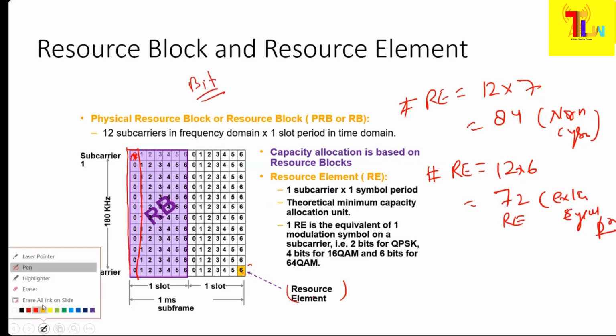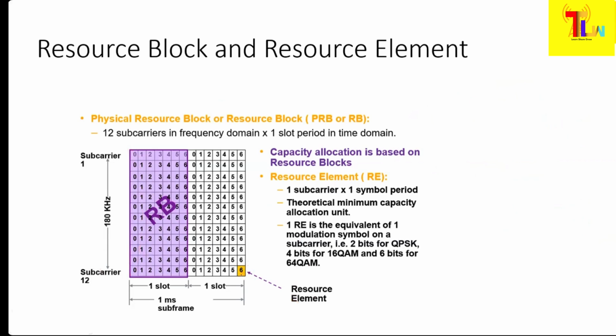To calculate the bits under one resource element: one resource element can carry either 8 bits, 6 bits, 4 bits, 2 bits or 1 bit. In which condition 8, 6, 4, 2?